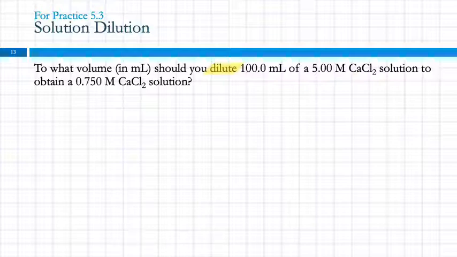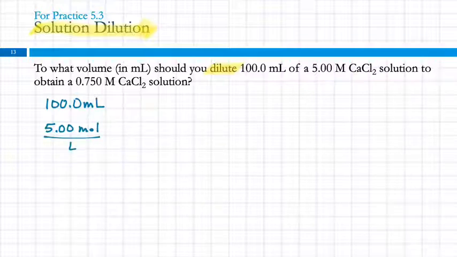Another clue here is the title of the example, right? So what I'm going to do is I read the problem, I'm going to pull the numbers out, and then we're going to identify what they are. So I have 100 milliliters, and I have 5.00 molar, so that's moles per liter, and I have 0.750 moles per liter.